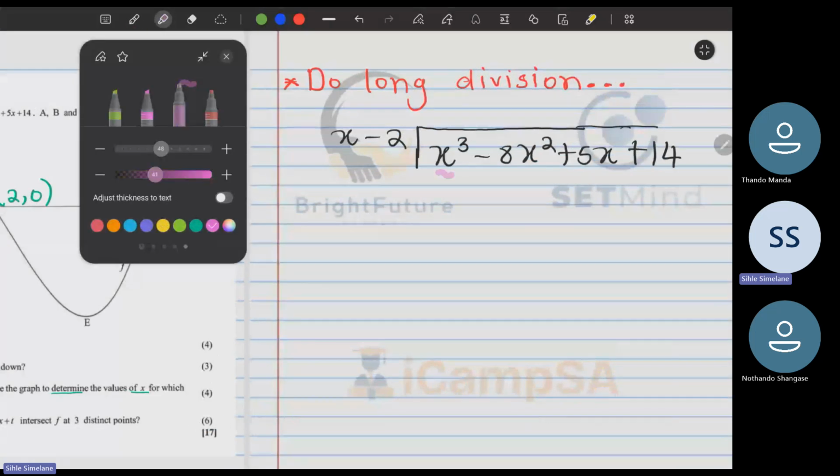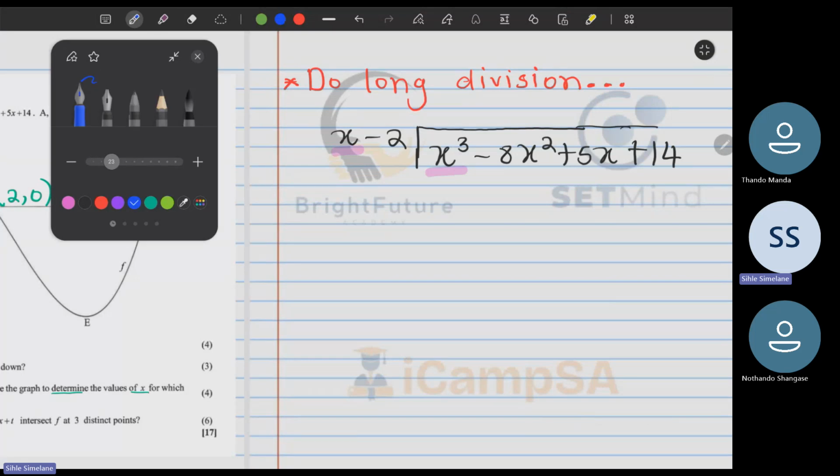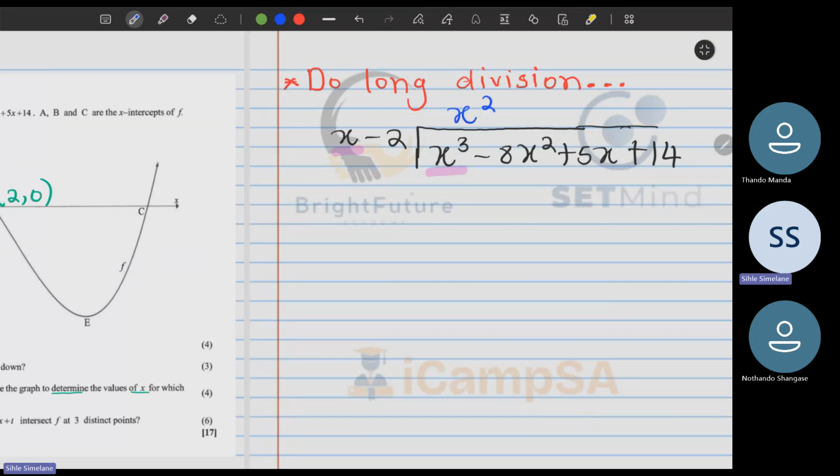With long division, you guys must revise it unless you have an alternative method. You say x cubed divided by x, and the answer you get is x squared. Then we always put a minus and a bracket. You take the x squared and multiply it by whatever is down there: x squared times x becomes x cubed, then minus 2x squared.